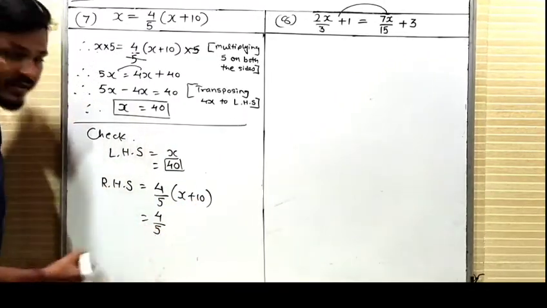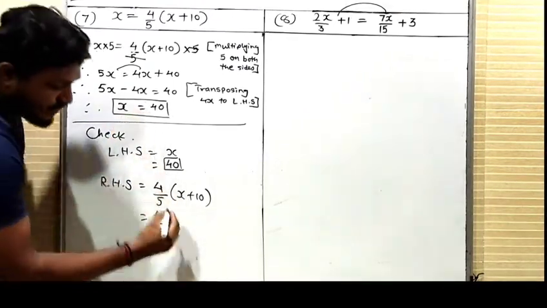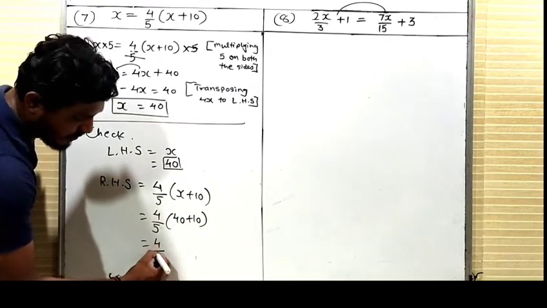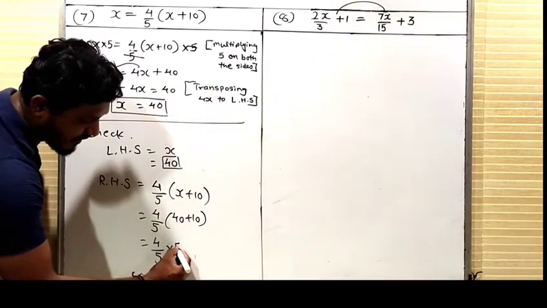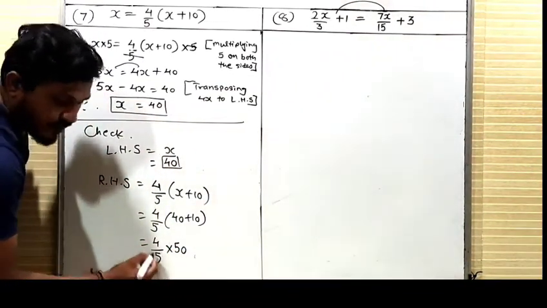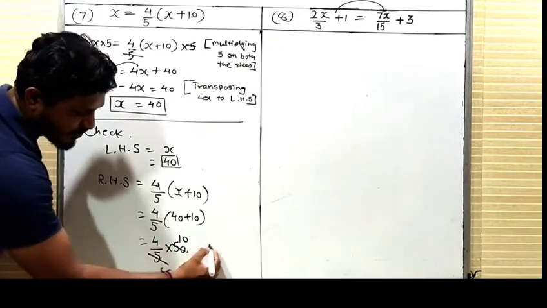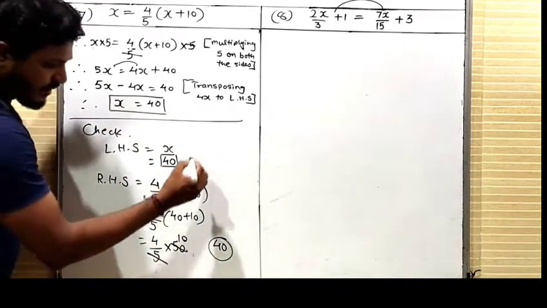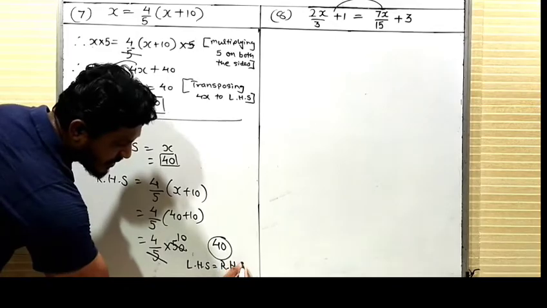Write down 4 by 5 as it is, then substitute the value of x with 40. 4 by 5, 40 plus 10 gives 50 in this bracket. Now you can cancel if it is possible. 5 tens are 50, and 10 fours are 40. Both sides we got the same value. So you can write over here LHS equals to RHS.